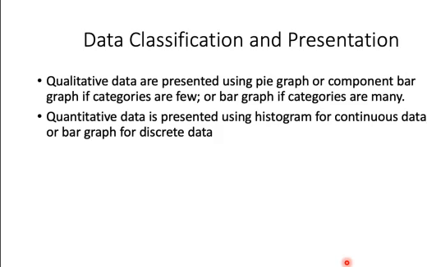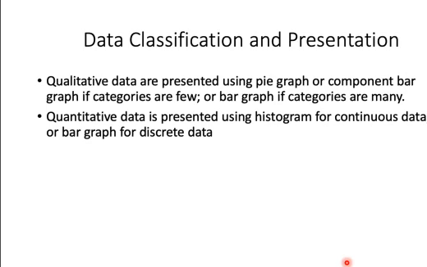So you can use either a pie or a component bar. But if there are many categories, then you use a bar rather than a pie or a component bar. So a bar graph is used for qualitative data if categories are many.